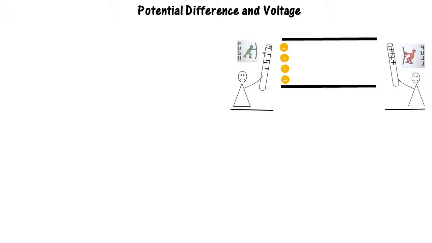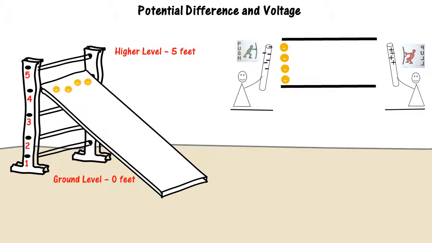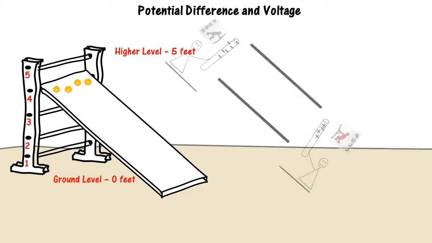We'll try and understand potential difference with the analogy of a slide. We know that when we put balls on the higher end of a slide, they start to roll down. And this is similar to us putting negative charges on the left hand side and positive charges on the right hand side of a wire, and the electrons start to flow.